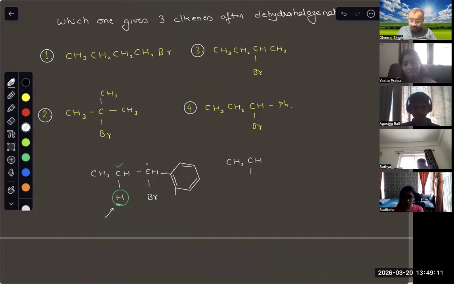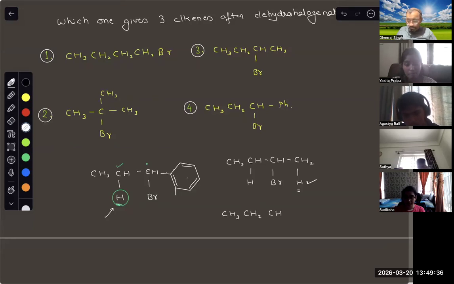Now let's look at option number 3. CH3, CH, H, CH, Br, CH2, H. If I take out this hydrogen, can there be cis and trans? If I take out this hydrogen, then it will look like this. Will this alkene have cis and trans?